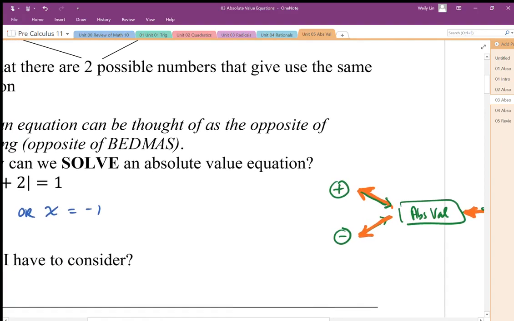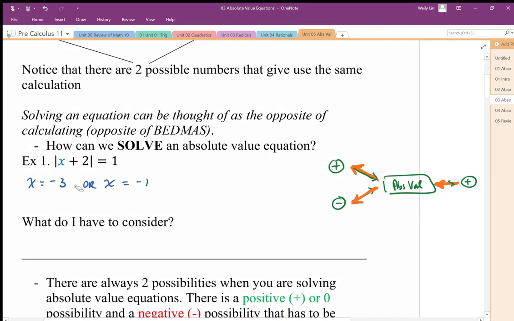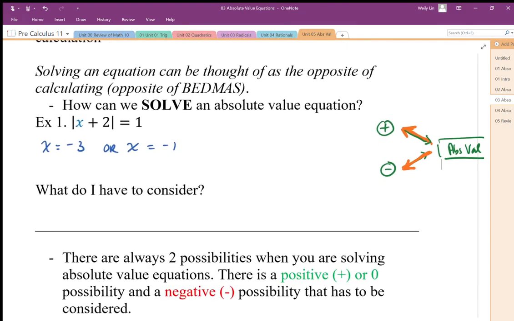This is why, when I solve this, I get two answers: I'm going this way through the absolute value, I'm undoing the absolute value. So what do I have to consider?